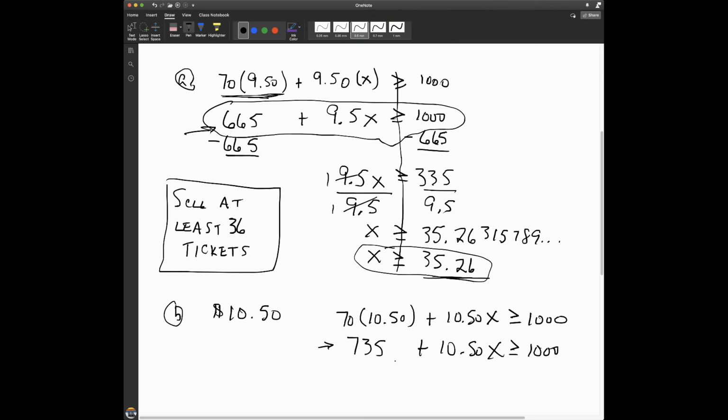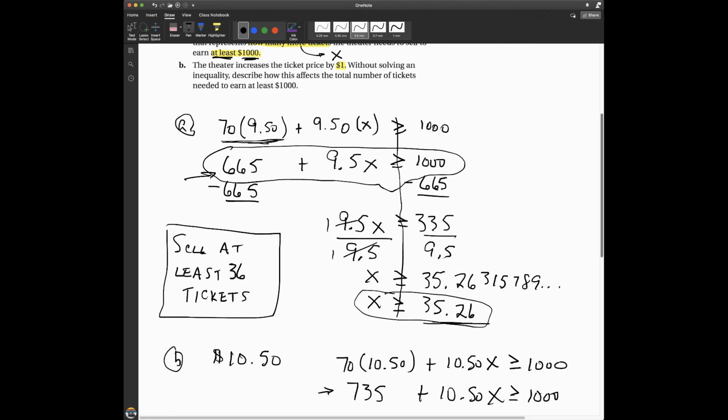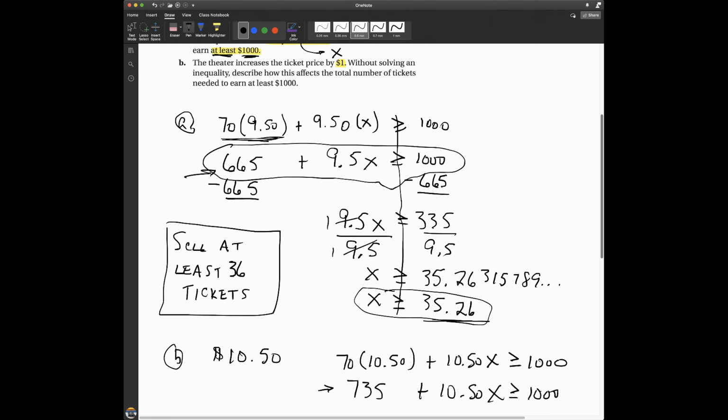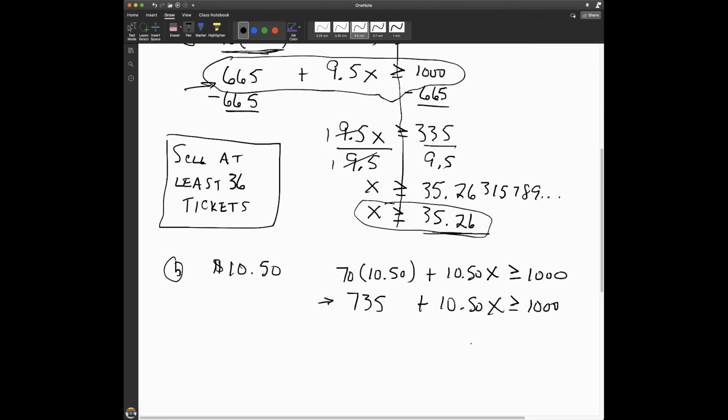So if you bring in more money, do I need to sell more than 36 tickets, or do I need to sell fewer than 36 tickets? What do you guys think? I think you'd have to sell fewer than 36 tickets. Let's continue to solve this inequality to see why that is the case.